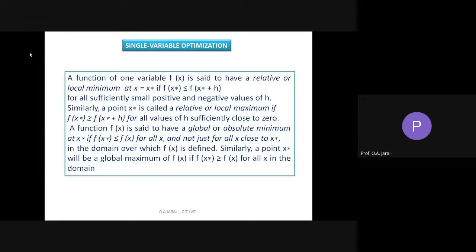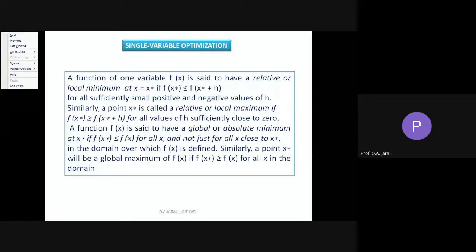So there is single variable optimization. A function of one variable f of x is said to have a relative or local minimum at x equal to x star, if f of x star is less than f of x star plus h for all sufficiently small positive and negative values of h.